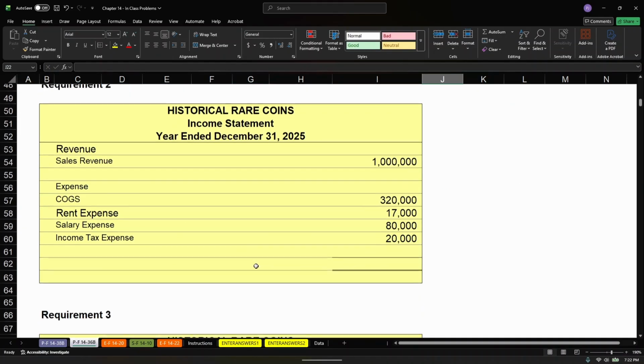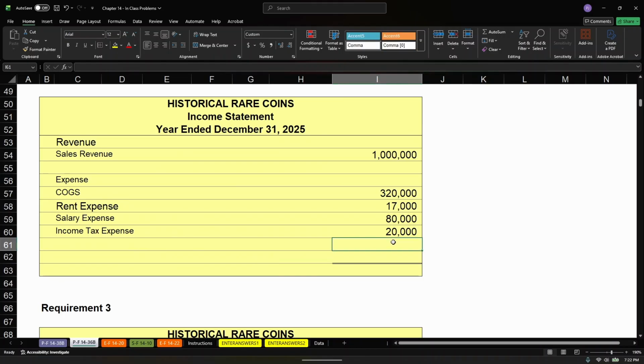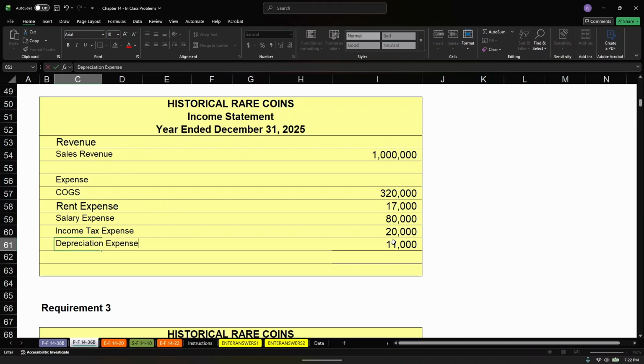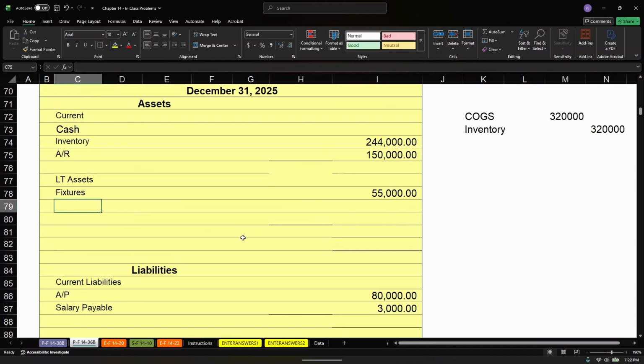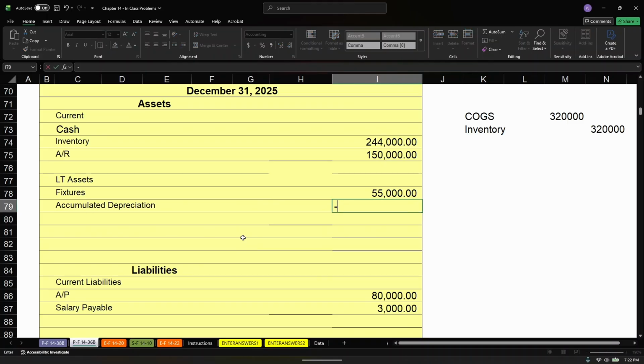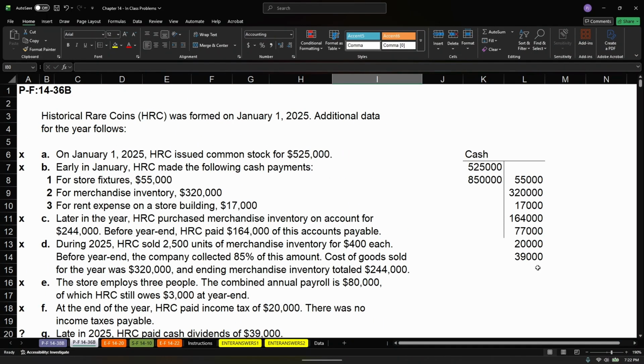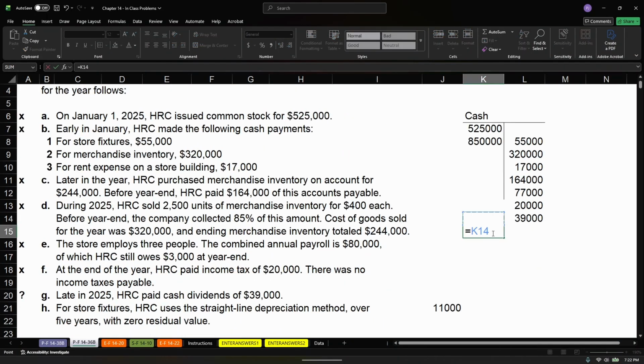So I will have depreciation expense, 11,000. And what else do I have to do? This is going to be my debit. What's my credit? Accumulated depreciation, negative 11. And of course, cash is not affected by that. I think we're pretty much done.